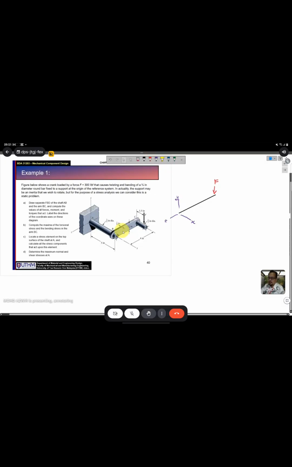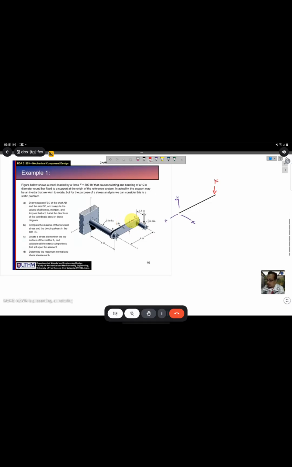Okay. Because there is a distance between C and the force here, when you transfer F here, you need to put also the torsion, because this force acting at the small arm tends to twist, or to rotate, this arm BC.